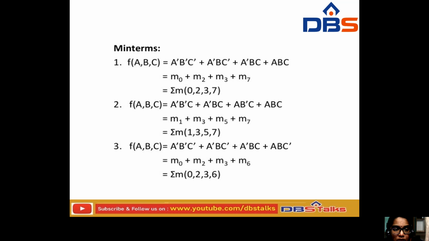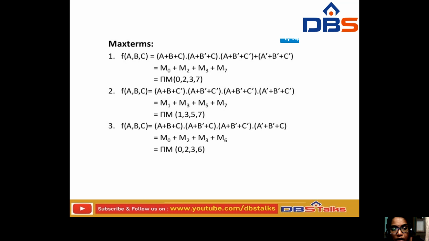These are examples of the sum of the minterms. If it is a sum operation, we use the symbol sigma. If it is a product operation, we use the symbol pi. These are the two symbols that we are going to use here.